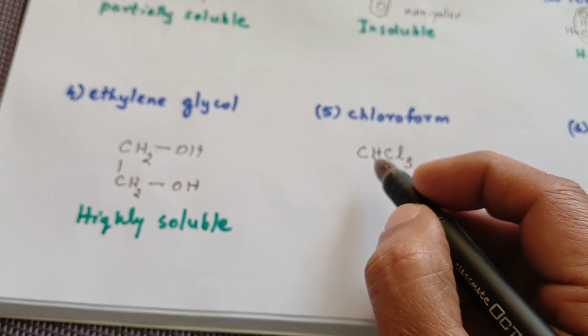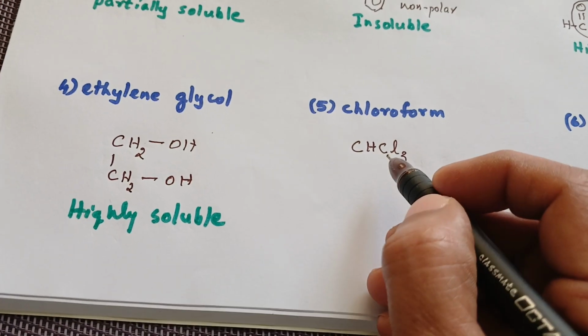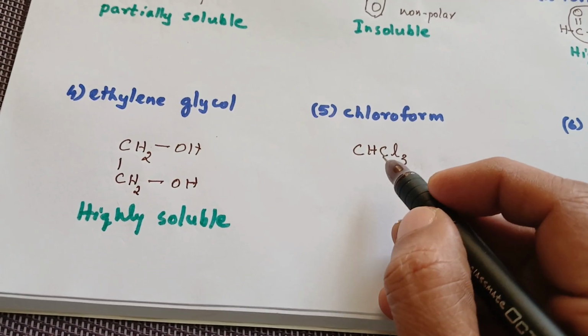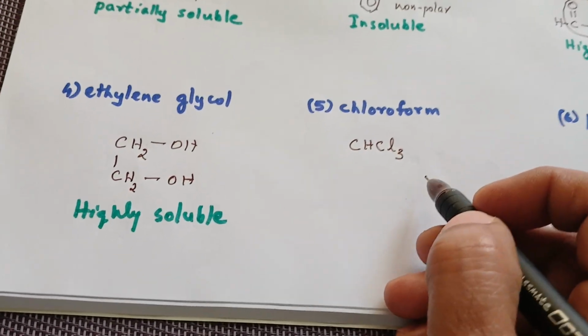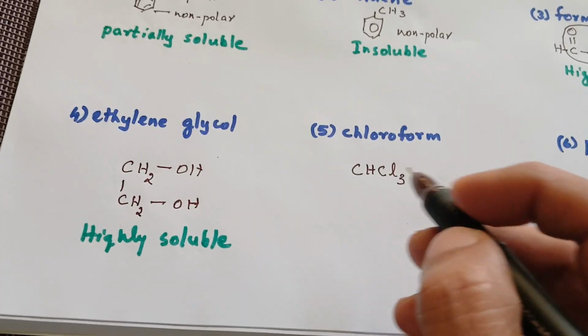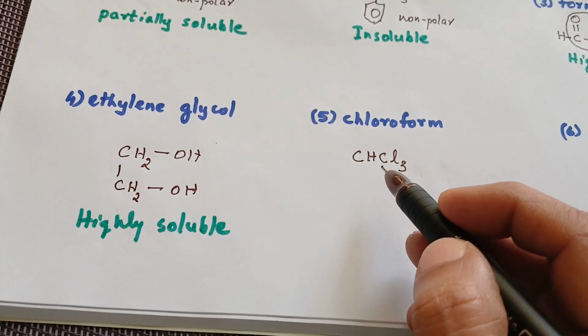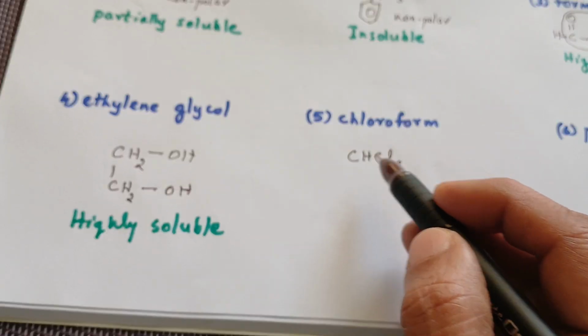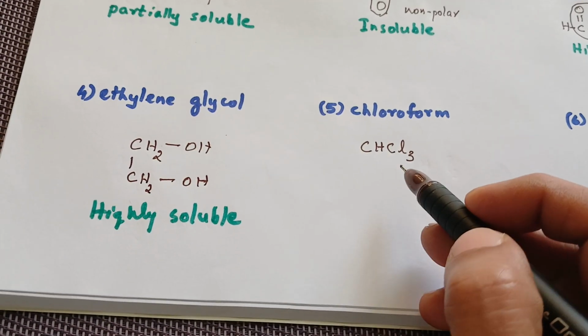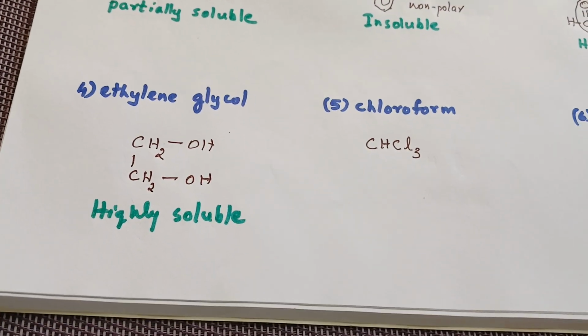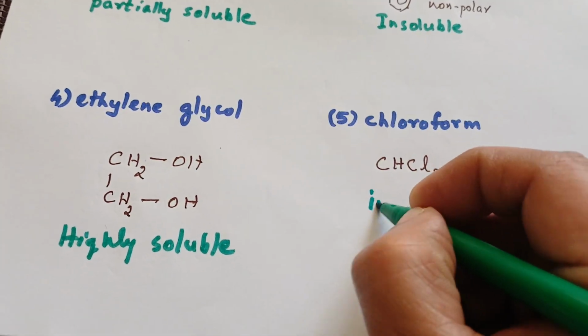That is, the attraction between chloroform and chloroform is greater than the attraction between chloroform and water, or the attraction between water molecules is greater than the attraction between chloroform and water. So we can say that chloroform is insoluble in water.